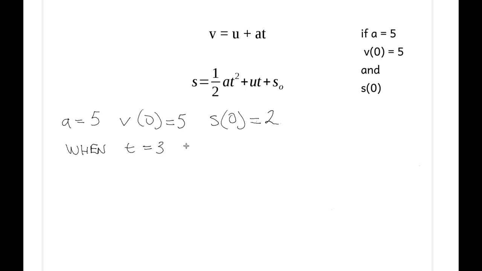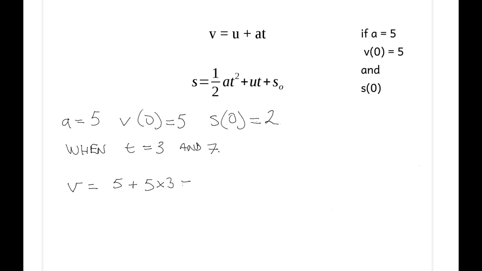So all we do is take these numbers and put them into our formula. V is equal to the initial velocity, that's what this stands for by the way, u, you can use either term, is 5, plus acceleration, which is 5, times the time, which is 3.